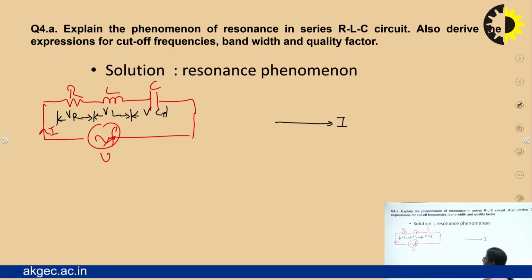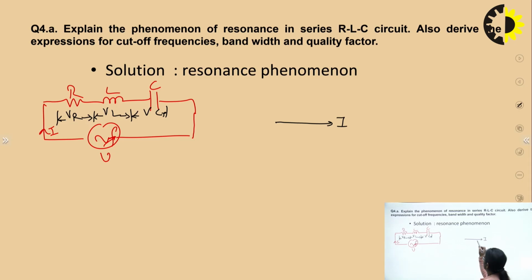VR is the resistive voltage, which will be in phase with the current. Where should VL be? VL is the inductive voltage. For a purely inductive circuit, the current lags the voltage. So if the current lags the voltage, that means the voltage leads.